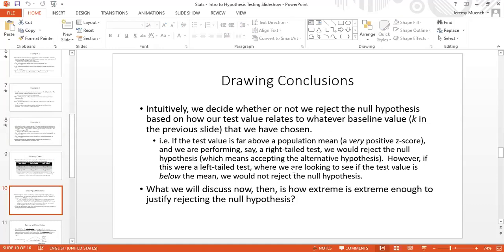So what might happen here is we might say, okay, I'm looking for some significant difference between my sample mean and k, whatever kind of value I'm working with.